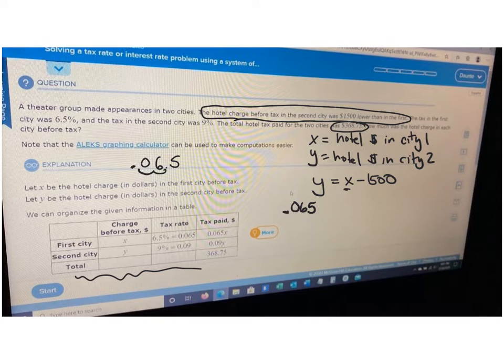So 0.065 times whatever the total charge was for that hotel room, which I don't know, but I know is x. Secondly, I'm going to add that to the tax I paid in the second city, which is 9% tax in that city. So that's 0.09, with the same logic of moving the decimal place over twice, times y, equals the total tax of $368.75. So we have two equations here.